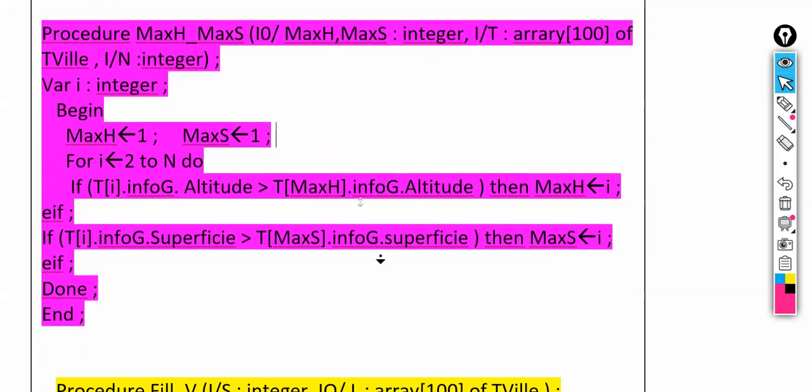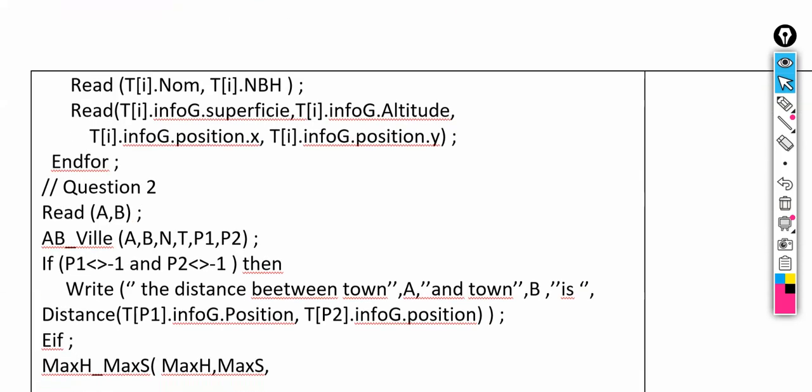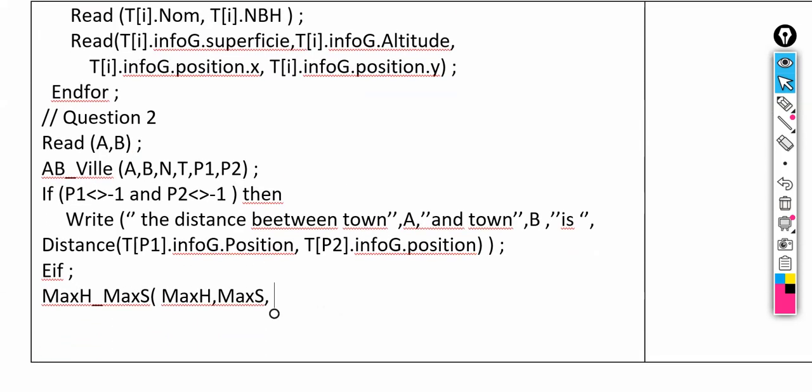So, let me go back. Max H, after it what? You have the array, and then you have the size. Okay. And after finishing this procedure, I will get the results inside max H and max S.